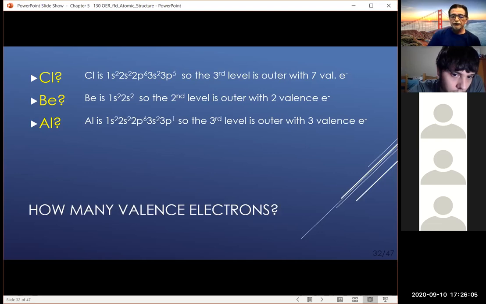It has 2 valence electrons, and it's a metal, so it's going to lose electrons. Aluminum has 3 valence electrons. It is in group 3A. Those 3 electrons are 3s2, 3p1. But because aluminum is a metal, it's going to lose those 3 electrons and end up with a positive 3 charge. All right.